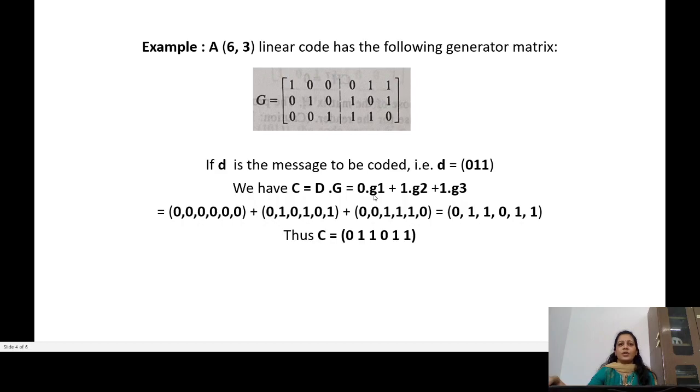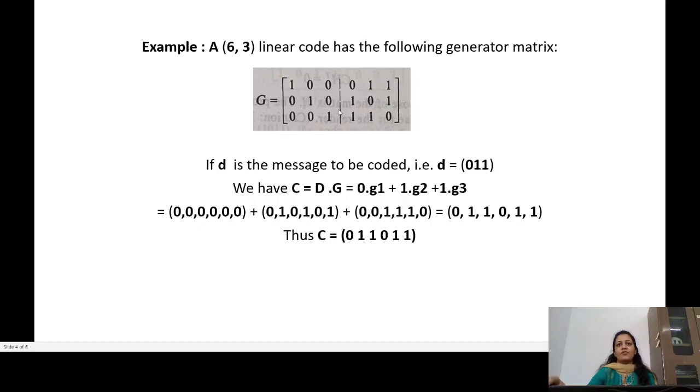So what I can do is just multiply the first bit with the first row, second bit with the second row, and third bit with the third row. Okay. So 0 multiplied with the first row, everything will be 0.